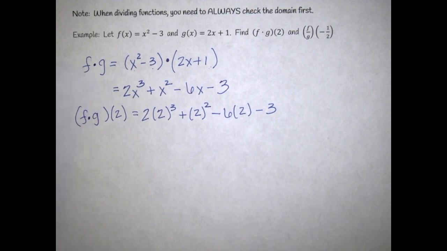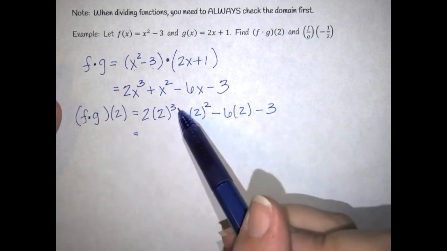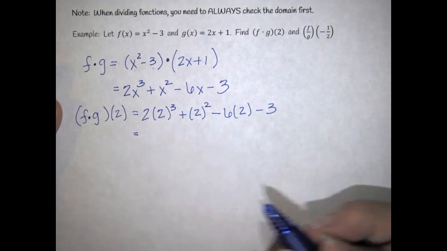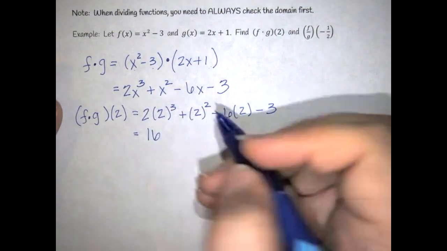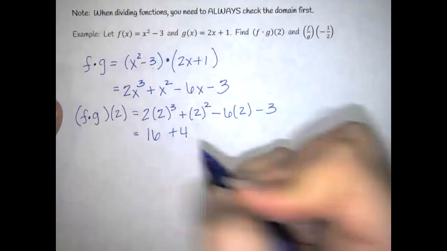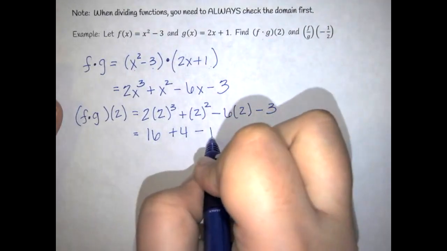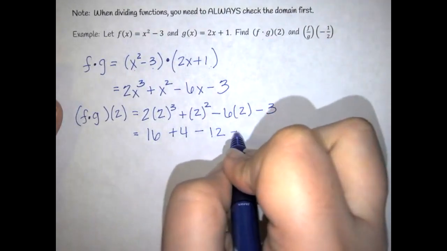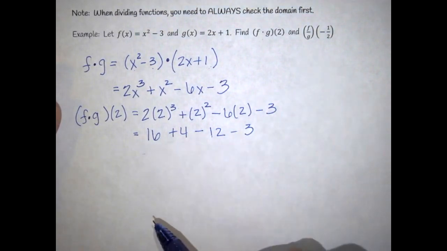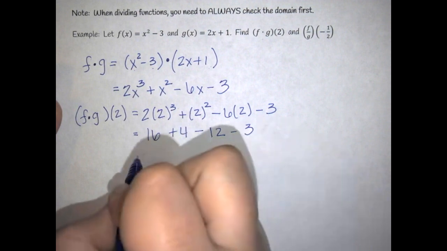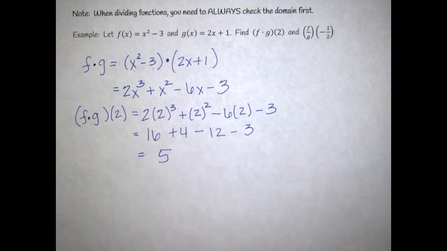And so now we have to simplify. So if we look at each of them, 2 cubed is 8 times 2 is 16. 2 squared is 4. Negative 6 times 2 is a negative 12 minus 3. So if we look at this, this is 16 plus 4, which is 20, minus 12 minus 3 gives you 5 as an overall result.